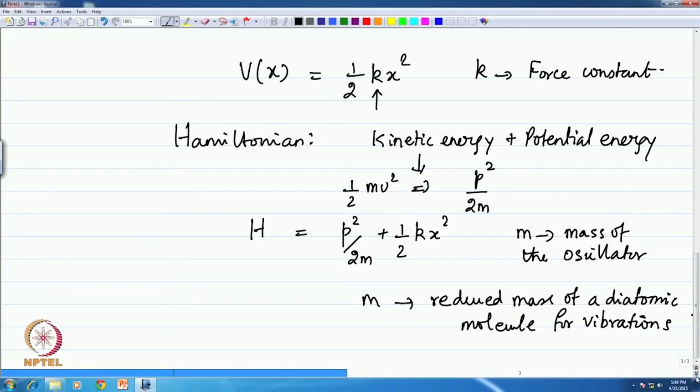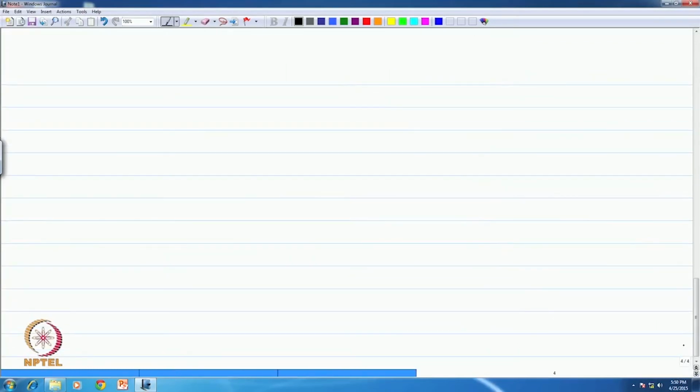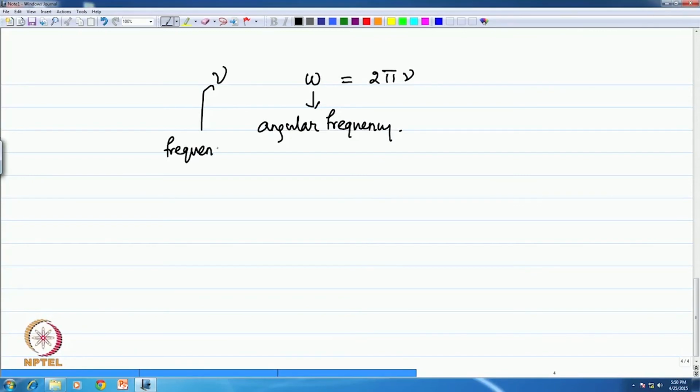Also, please remember, the harmonic oscillator is associated with a frequency nu or an angular frequency omega, which is 2 pi times nu. This is the angular frequency in radians per second. This is the linear frequency per second.